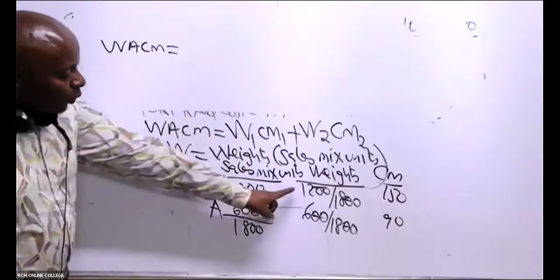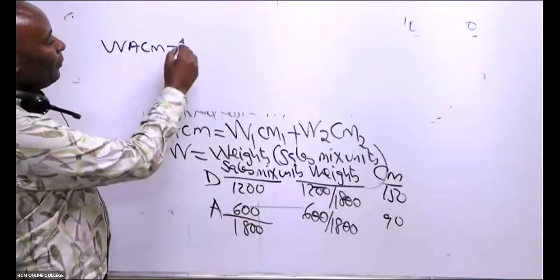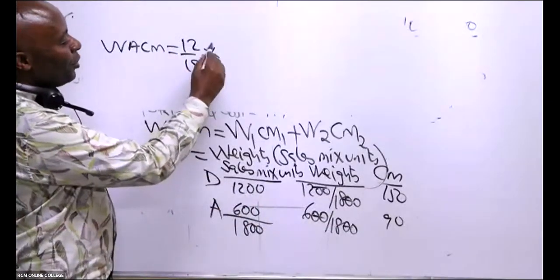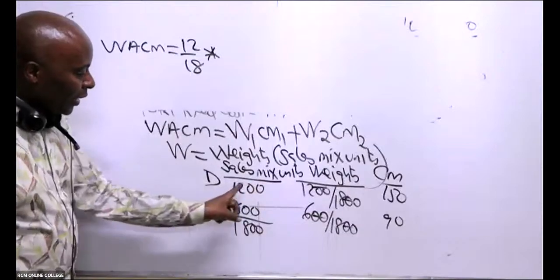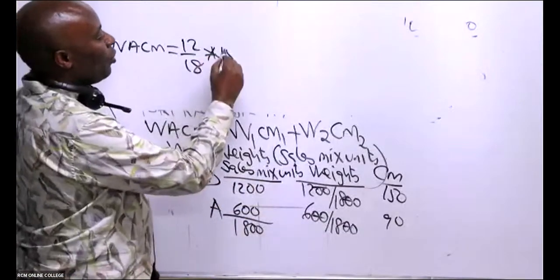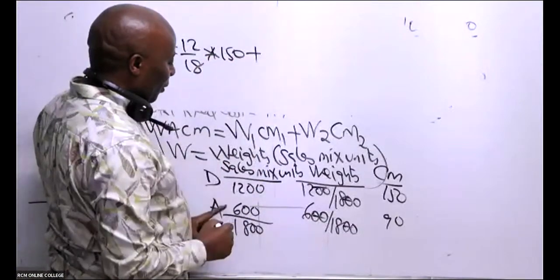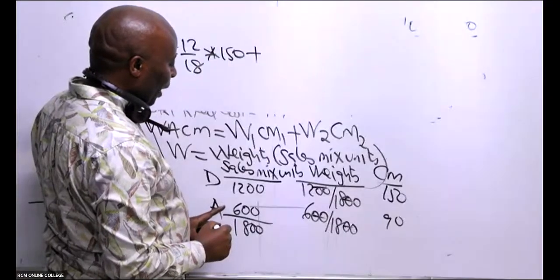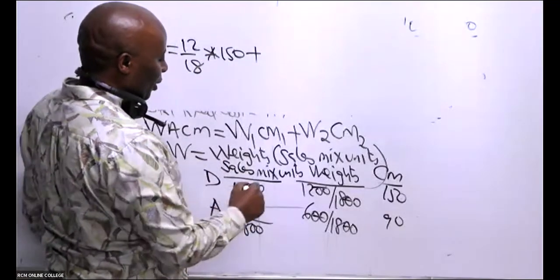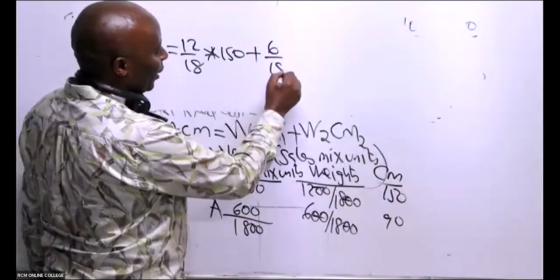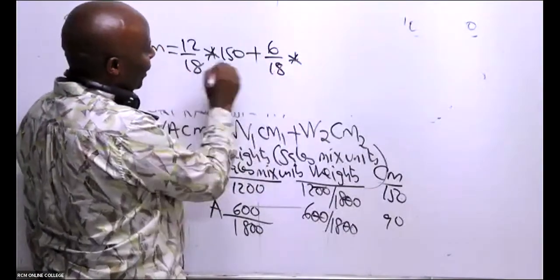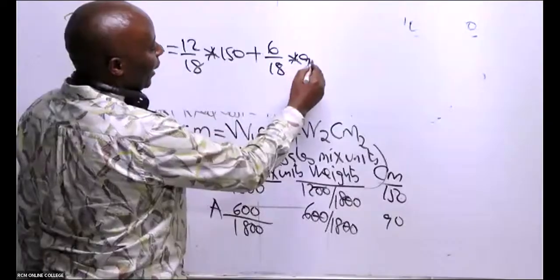So you take the first weight, 12/18, times contribution margin of the first product, 150. Plus, ladies and gentlemen, the second product's weight, we said it is 6/18. You can still cancel them, times 90.